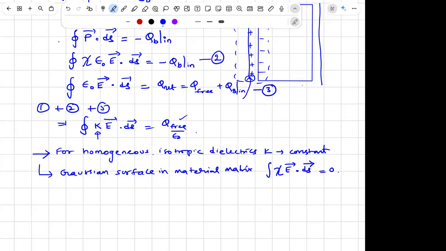If you are applying this in a conductor, it is zero, because you don't see polarization in a conductor.